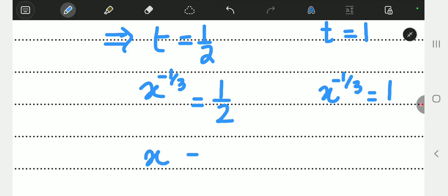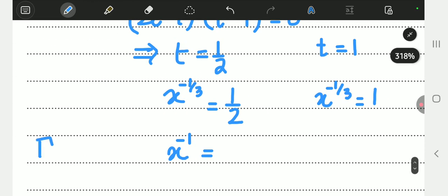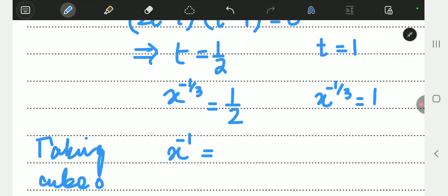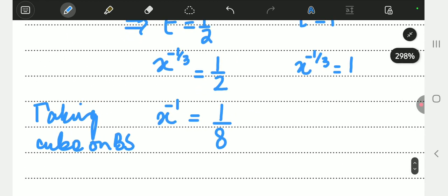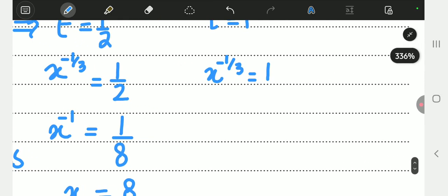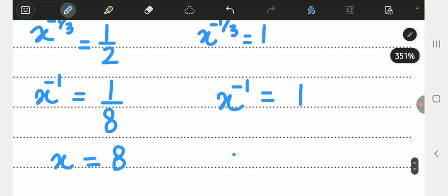Taking cube on both sides, x to the power -1 equals 1/8. If we take the reciprocal, x will be equal to 8. From the other, if we take cube on both sides, x to the power -1 equals 1, and x equals 1.